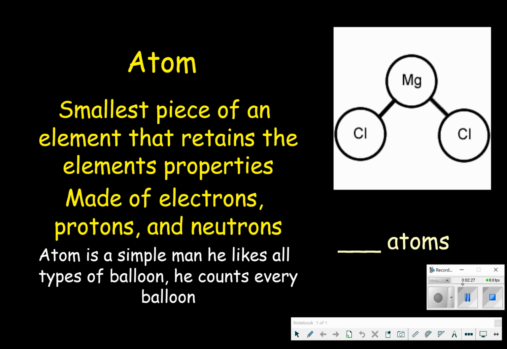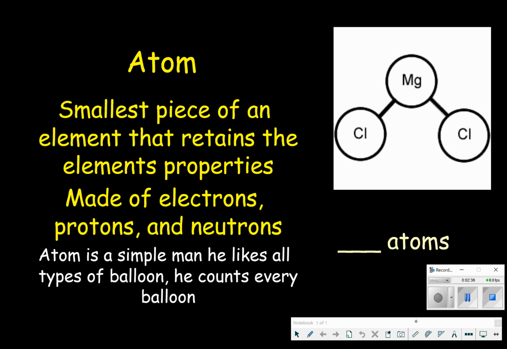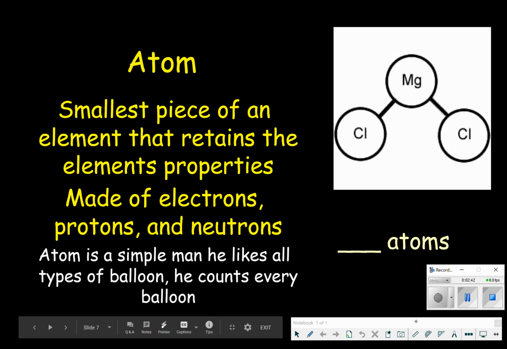When we're looking at atoms, you don't have to worry about them having different letters in them. We are just looking at the balloons. So we have 3 atoms here. Let me write that 3 there. Okay, so let's go to the next one.